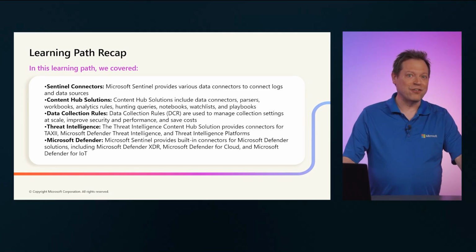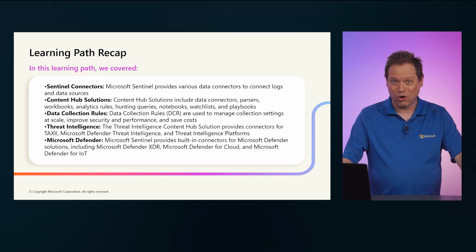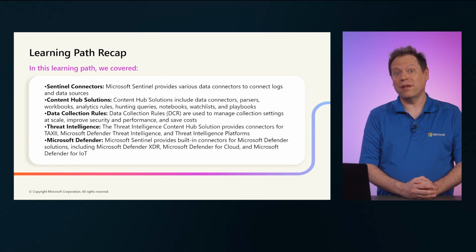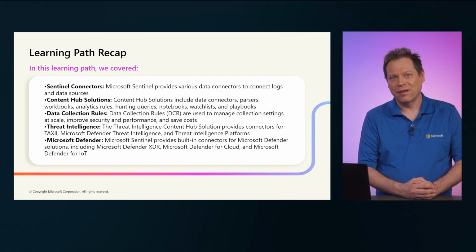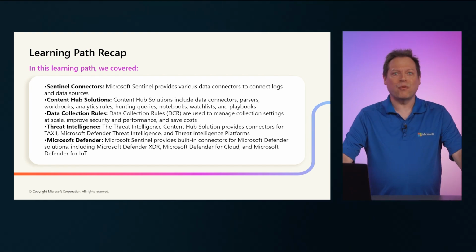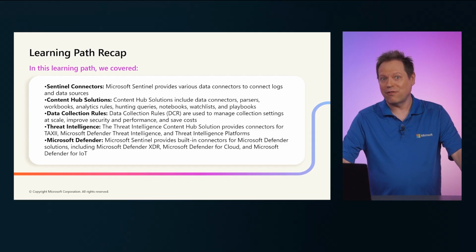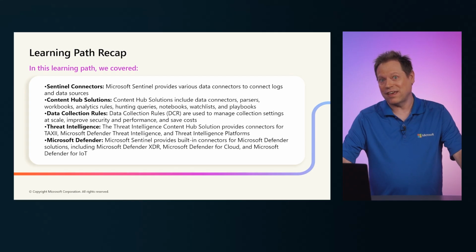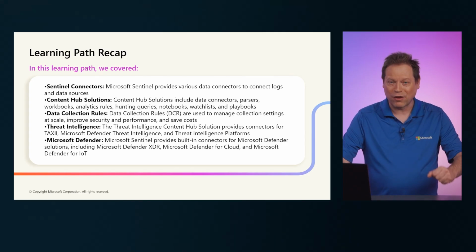We also emphasized the role of data collection rules in managing collection at scale, improving performance, and controlling costs. Finally, we looked at how threat intelligence and Microsoft Defender integration enhances detection and investigation capabilities across the platform.